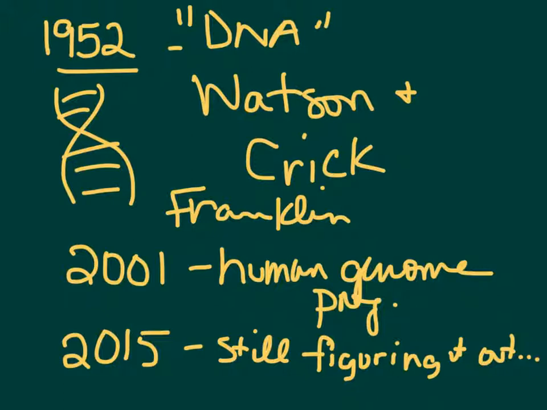Franklin died young. Crick died recently, I think. Well, recently, like, since I was in college. So within the last 10 years. So, there's those people. They're important. Double helix, X-ray crystallography.